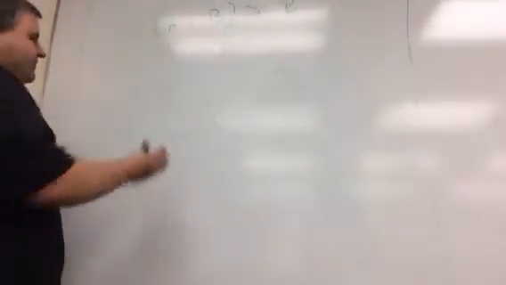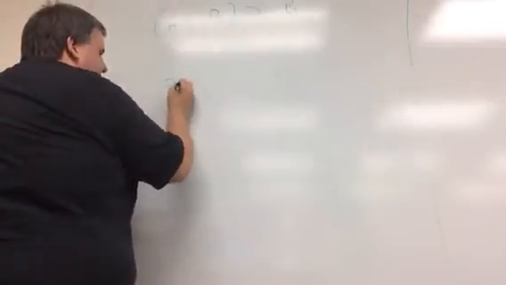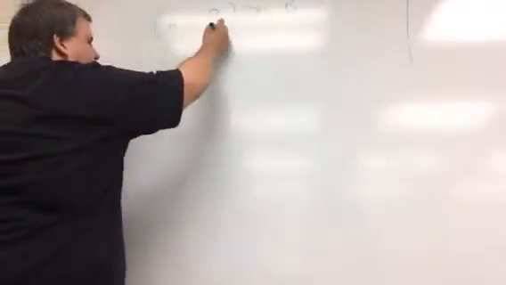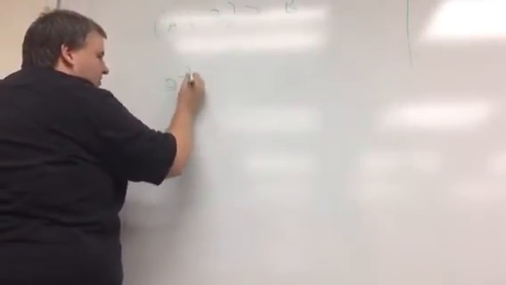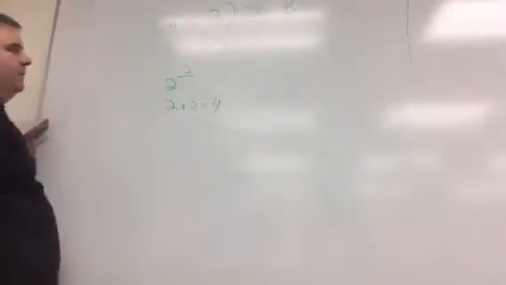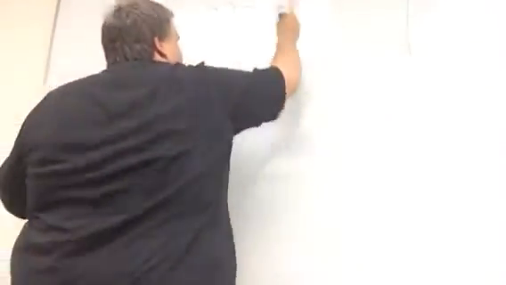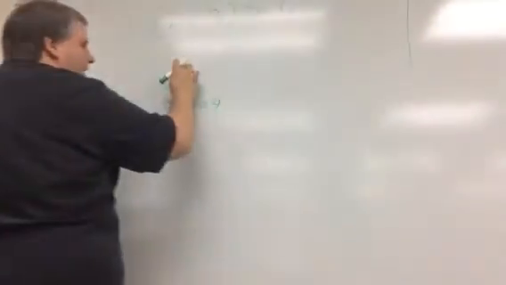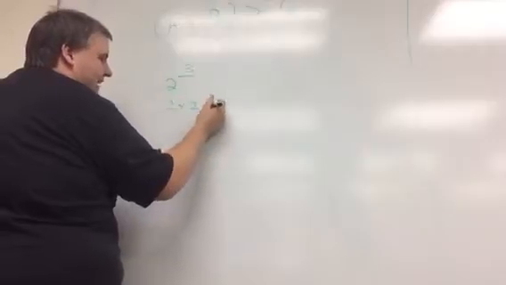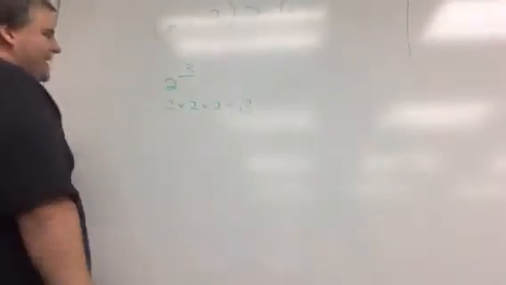With two unique letters, you do 2 to the power of n, where n is the number of unique letters in your statement or argument. So 2 to the power of 2 is 2 times 2, which equals 4. If this was a Q, as we had originally, then we have 3 unique letters, so it becomes 2 times 2 times 2, which equals 8.